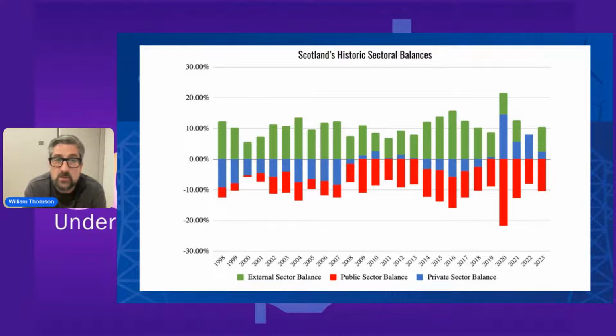There can't be anyone else. So all these transactions must sum to zero. That's why they're called balances, because they must balance. And what you'll see here is everything above the line is reflected by everything below the line. So that's why we can say it has to sum to zero, because it's a complete account of every financial transaction in a country.